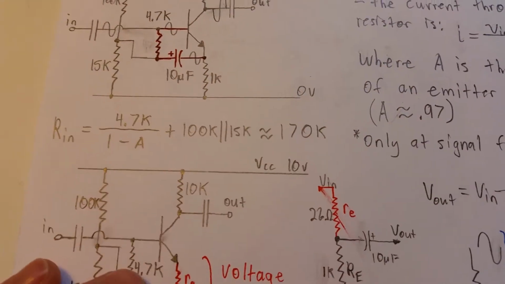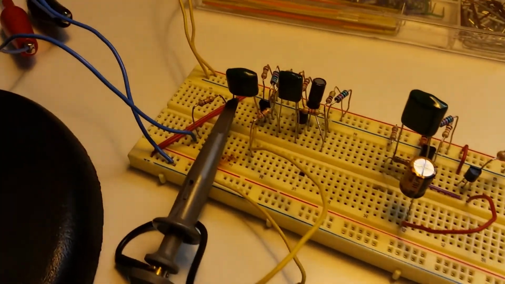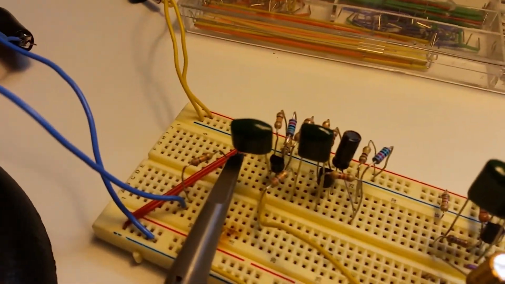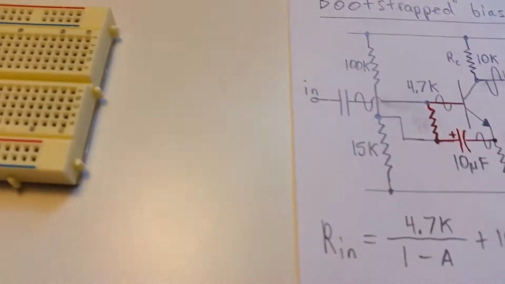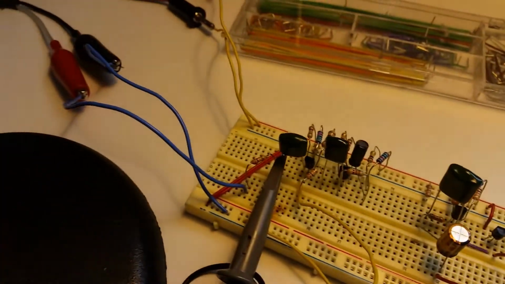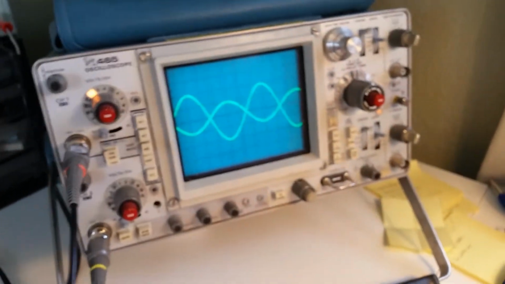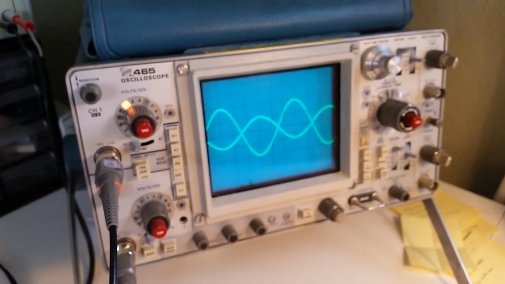Now I have a circuit here, which on the left we have the standard gain stage, and on the right we have the bootstrapped gain stage. And on the scope, this is the standard gain stage here.